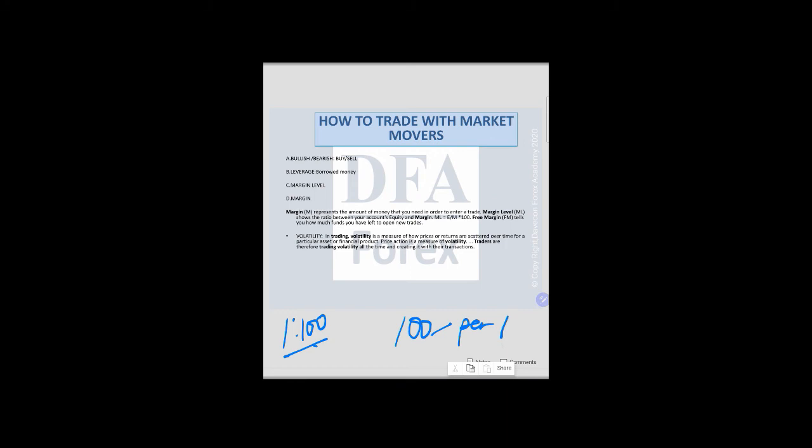So you end up having $10,000, because 100 times 100 is what? 10,000. So you end up having $10,000 as equity because the broker is giving you $100 for each dollar. That's what leverage means. So now you understand the leverage part.